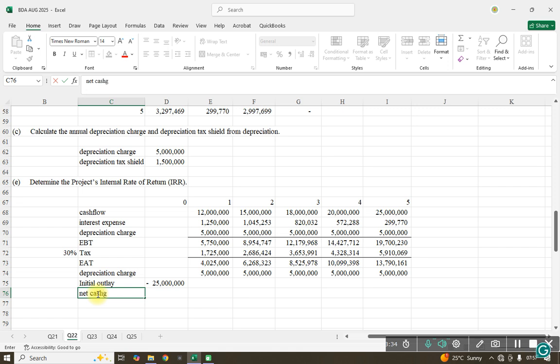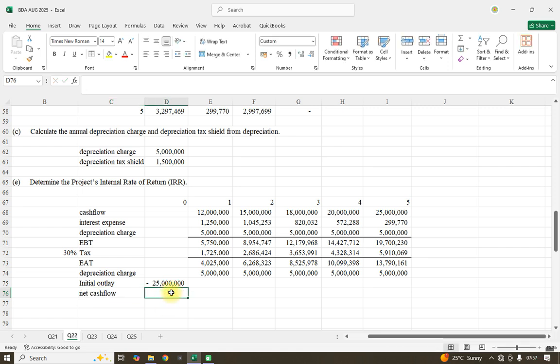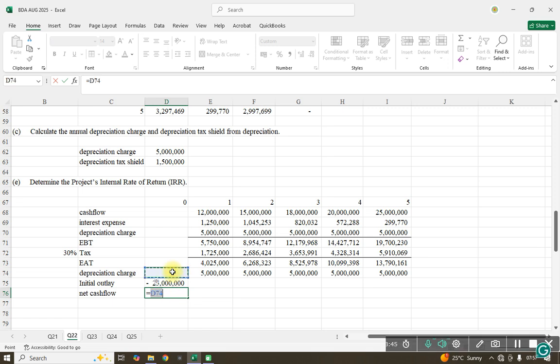Our net cash flow here. So net cash flow will be this plus this. Okay, earnings, depreciation.